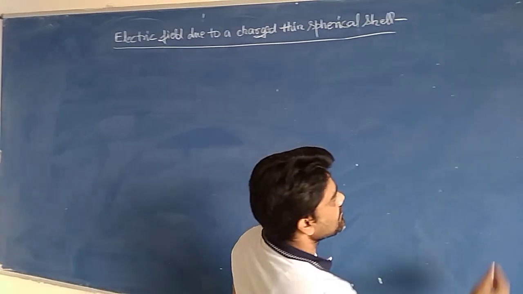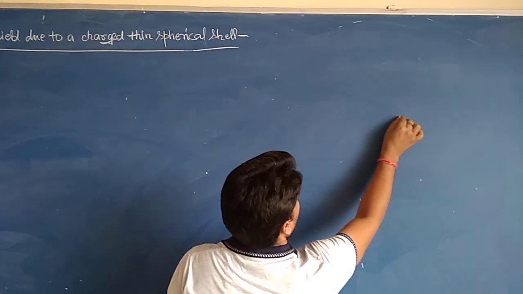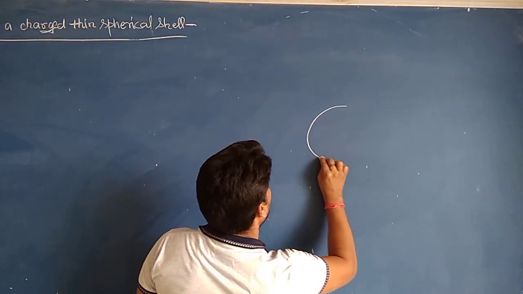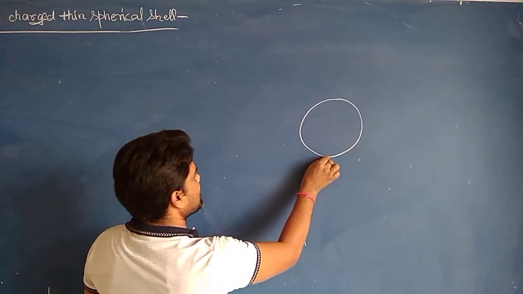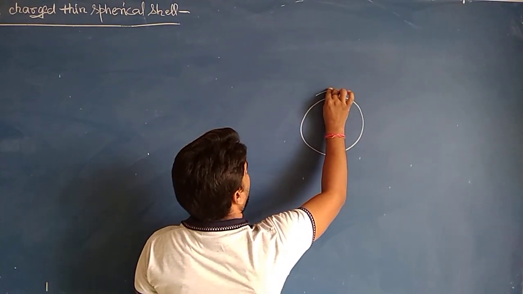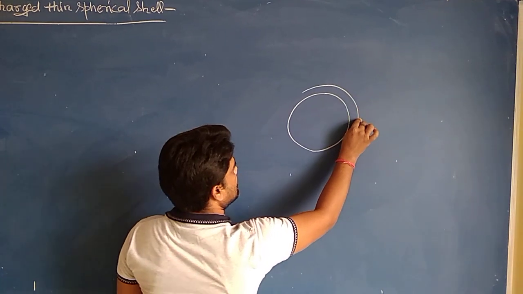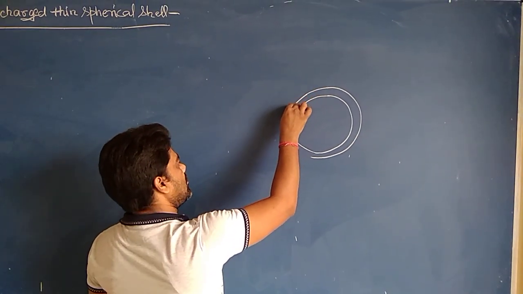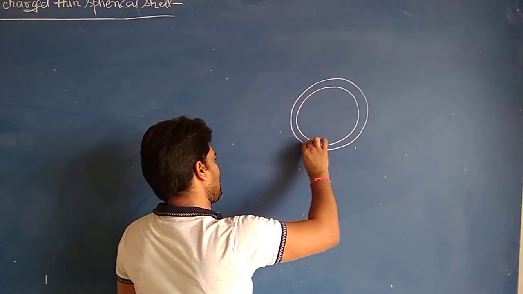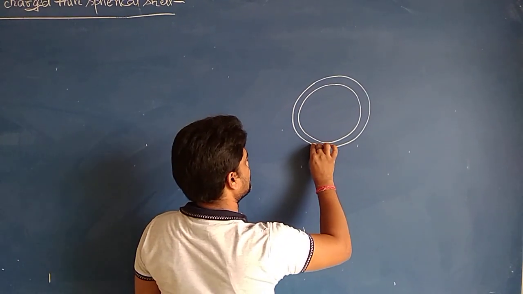It means we have its diagram like this. Its inner and outer radius will be approximately the same.